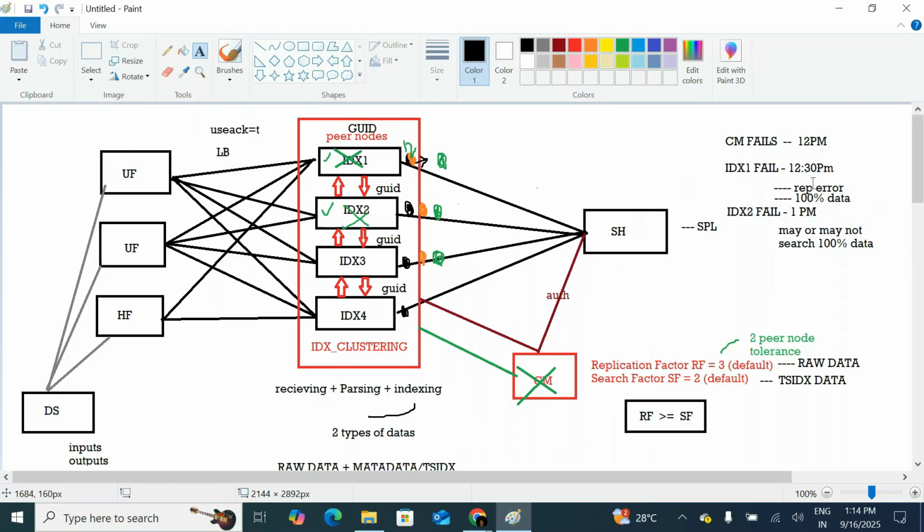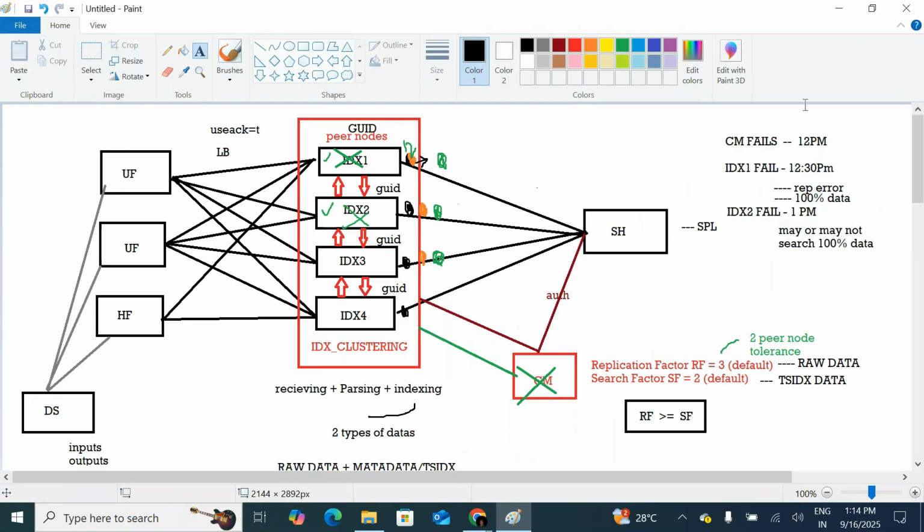Now it is 1 p.m. Whatever the 30 minutes of data is in indexer 2, that is not replicated, right? Now indexer 2 fails, which means that 30 minutes of data is not searchable. Yes or no? That is the 'may' in 'may or may not'. You can't search the data if it is on the failed indexer at the time of the replication error.